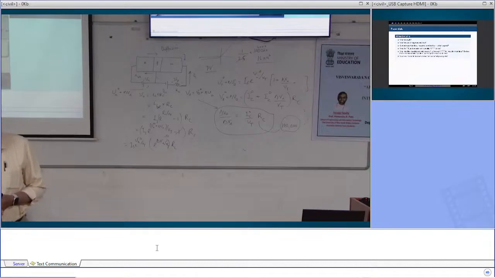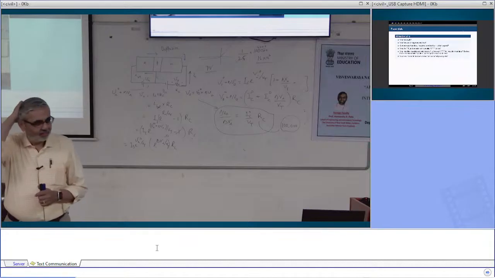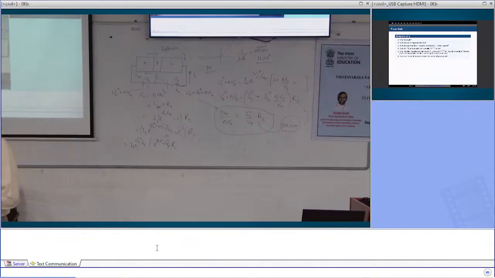Okay, so FET devices, how do you get large gains? What is the principle in FET devices to attain gain? You all use FET devices as switches, right? Switching devices. But that is also based on what? Gain.